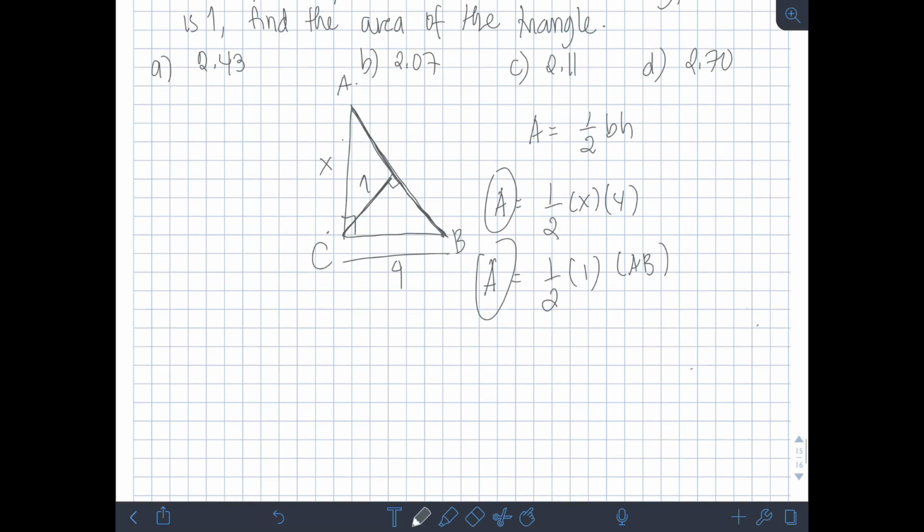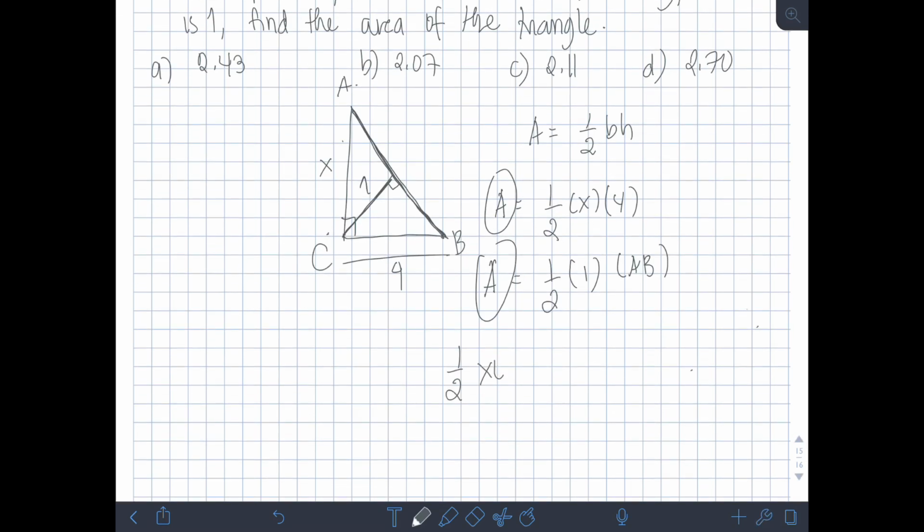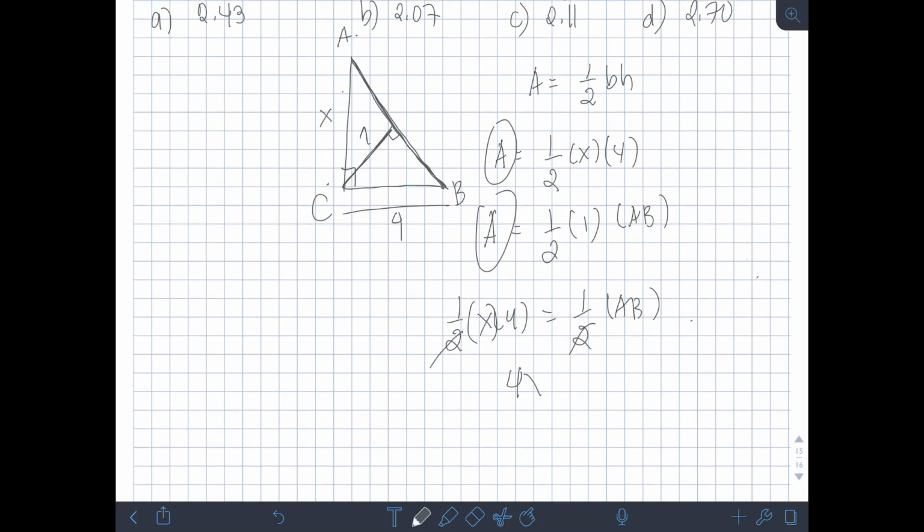Okay, so dapat equal sila pareho. So, pag in-equate natin to magiging 1/2 x times 4 equals 1/2 AB. So, makakancel natin tong 1/2 sa both sides. So, magiging 4x is equal to AB. Pero, itong AB, pwede natin itong masolve using Pythagorean Theorem, right? So, we have x squared plus 4 squared is equal to AB squared.